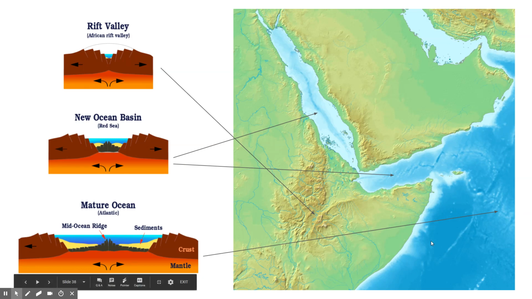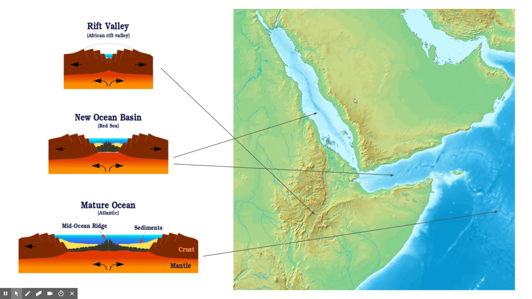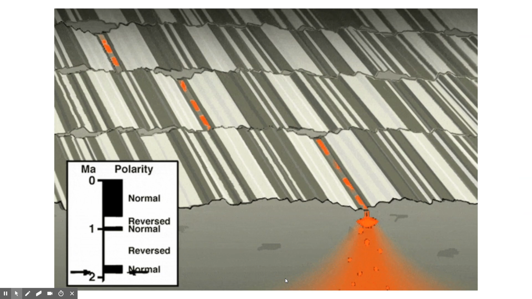And then a mature ocean, like the Indian Ocean over here, takes much more time to form. Africa and the Arabian Peninsula are moving away from each other physically, and that's how rift valleys work. They typically occur in threes as well: one rift, two rift, third rift, and that's very common.